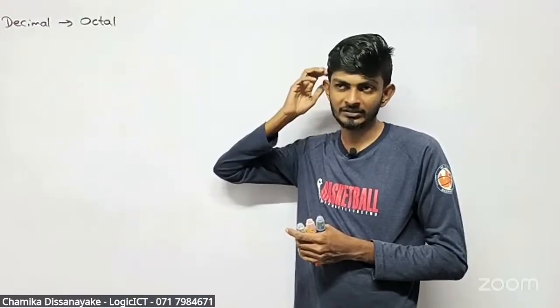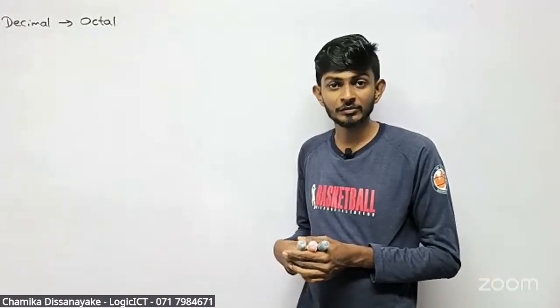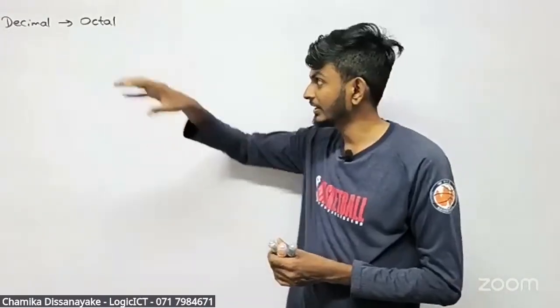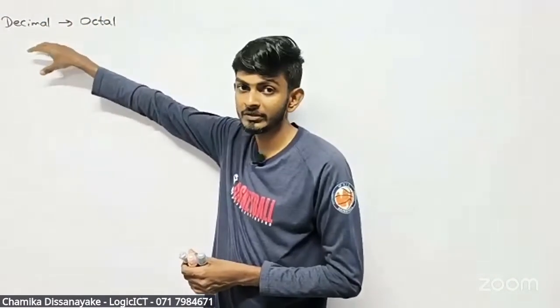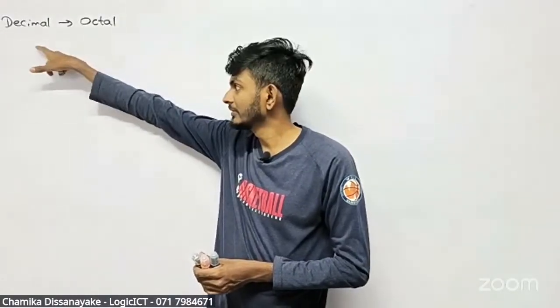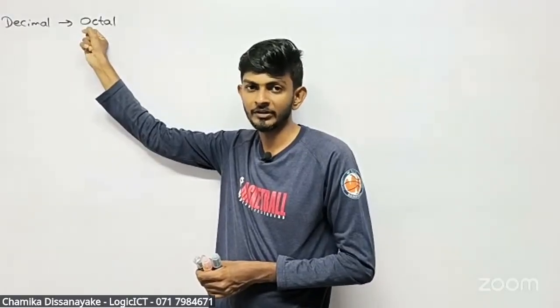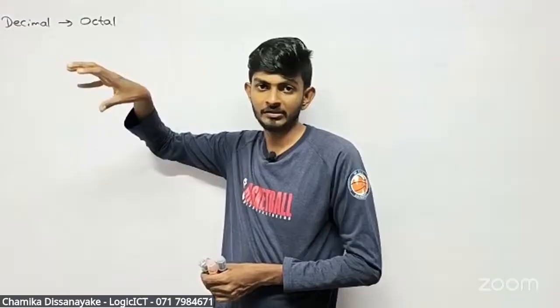So we divided the decimal number by 2 and kept the remainders. That is one method, guys.